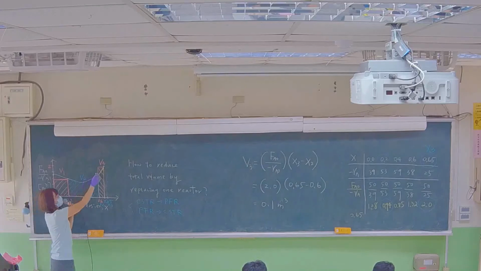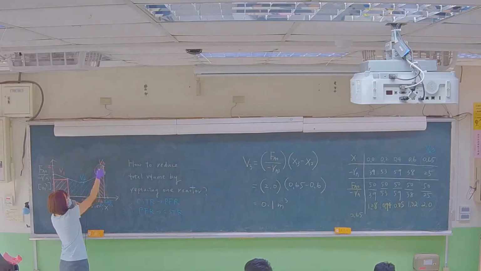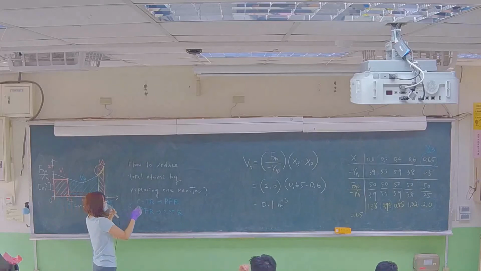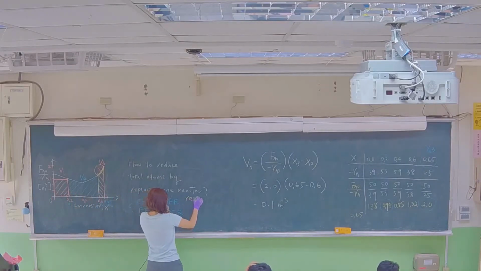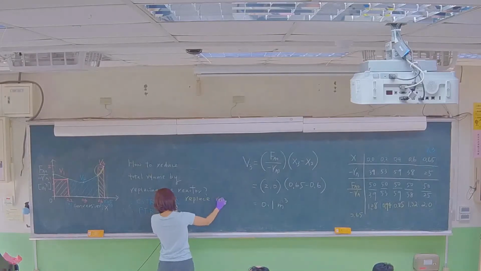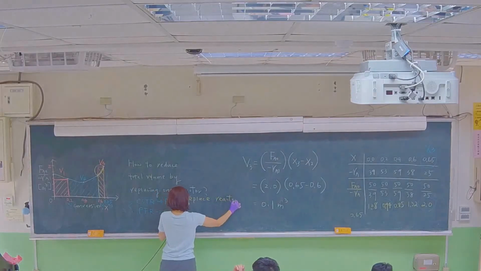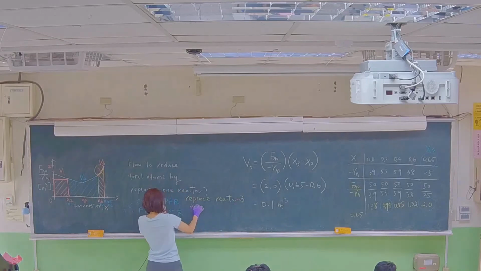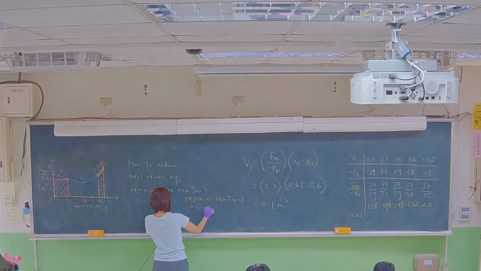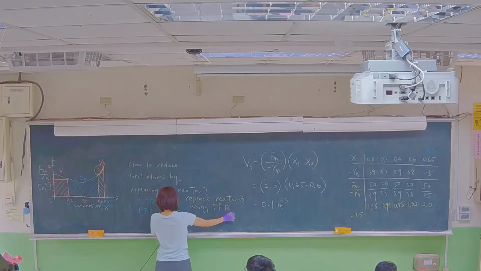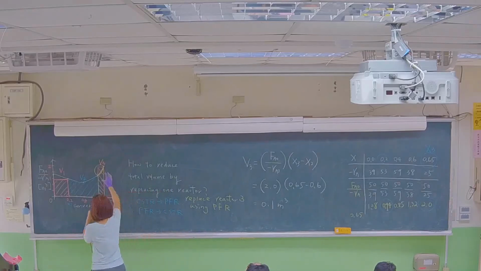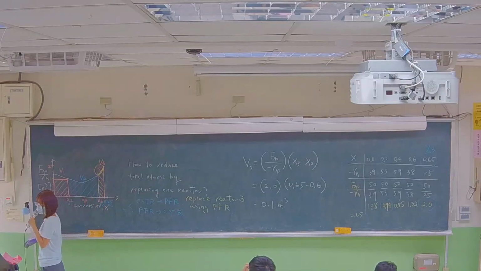The difference in the volume is this area. So the answer is, you can replace reactor 3 using PFR. Now you can reduce the volume.